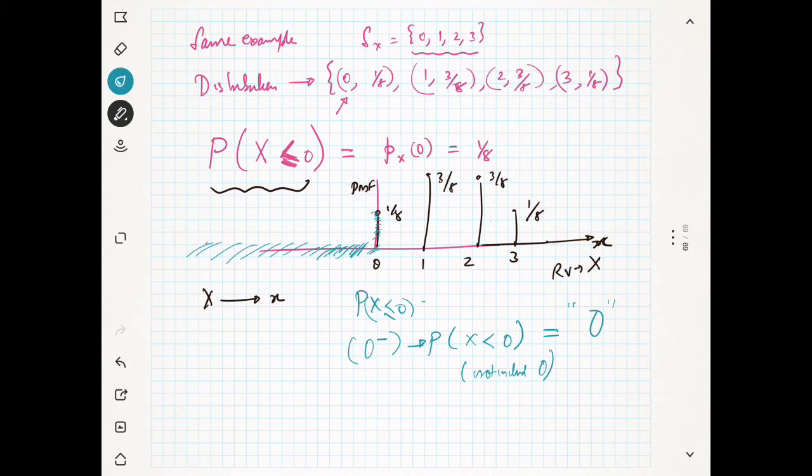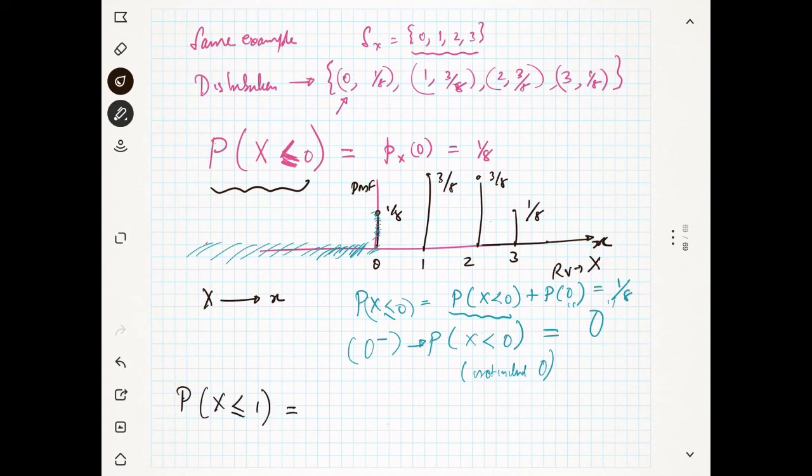But when I talk about the probability that x is less than or equal to 0, I am taking the probability that x is less than 0 plus the probability of 0. The probability that x is less than 0 was 0 and the probability of 0 was 1 by 8, so I will get this number as 1 by 8. Now I can also define another thing. What is the probability that x is less than or equal to 1?